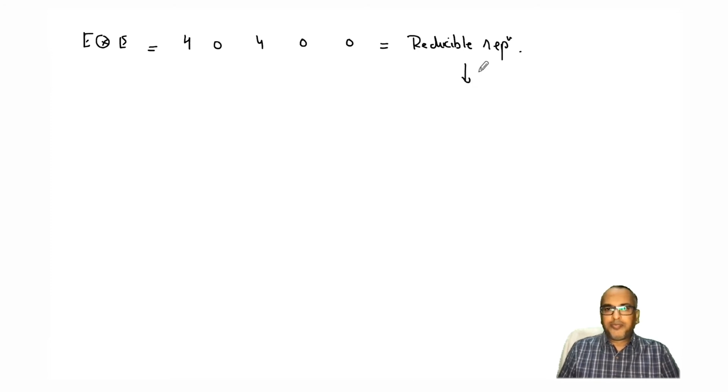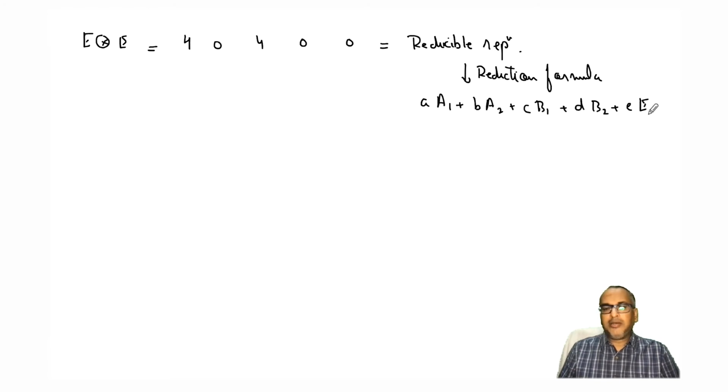So using the reduction formula, you can now get A times A1 plus B times A2 plus C times B1, D times B2 plus E times E, right?